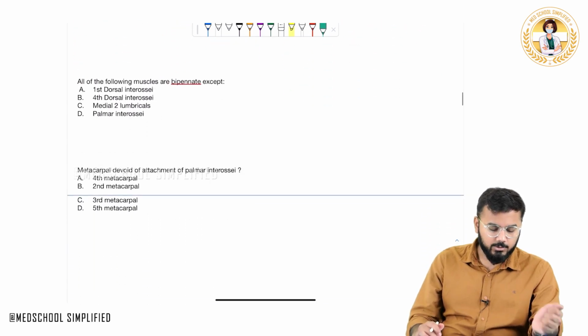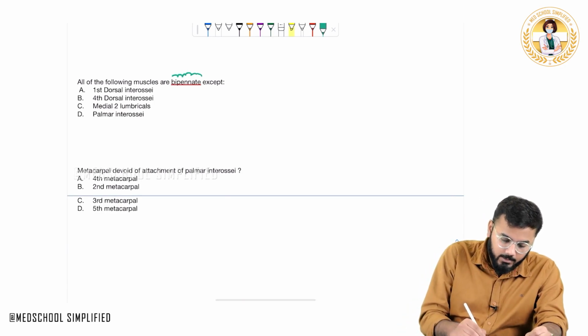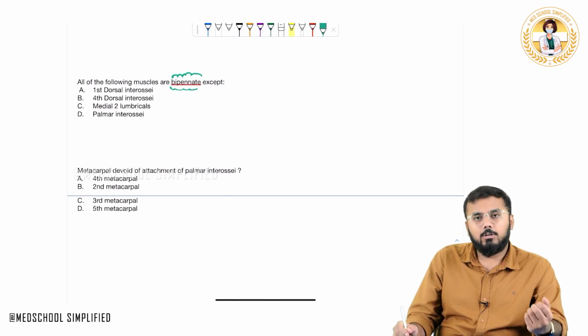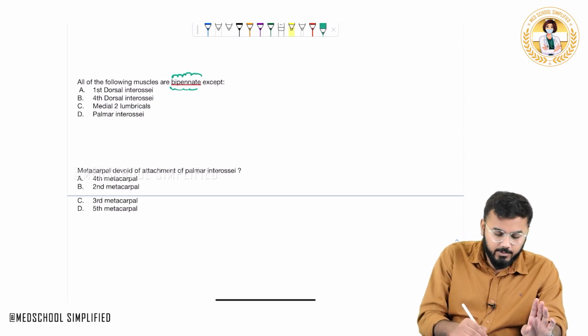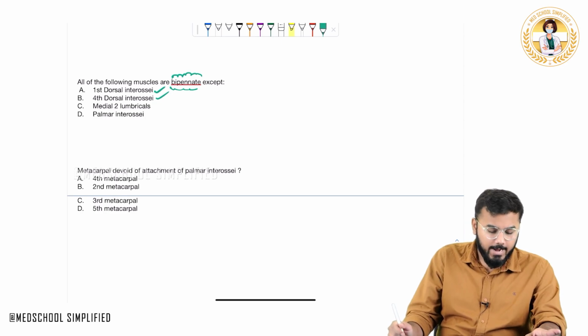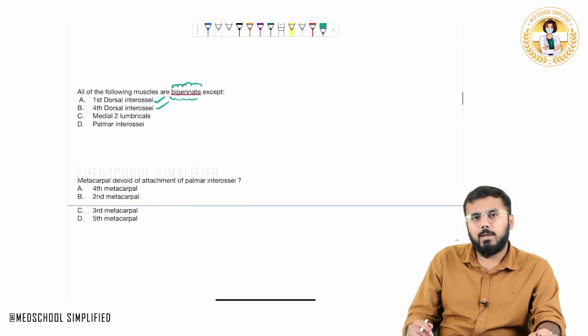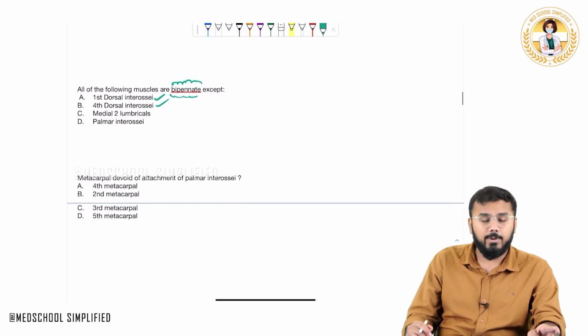Now, all of you do these two questions, guys. These were repeated previously. All of the following muscles are bipinnate except: all the dorsal interossei are bipinnate. So, the first dorsal interossei is bipinnate, the fourth dorsal interossei is bipinnate, and look at the palmar interossei. Are palmar interossei unipinnate or bipinnate? Obviously, palmar interossei are unipinnate.